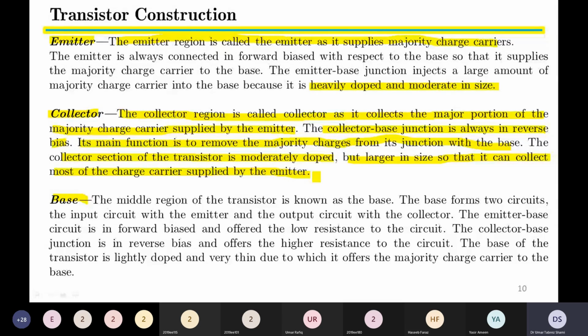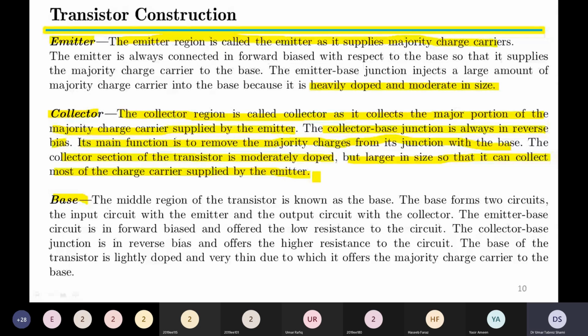The collector section of the transistor is moderately doped, that is, it is neither heavily doped nor lightly doped. It is mediumly doped, but its physical size is always larger than that of the emitter or the base.